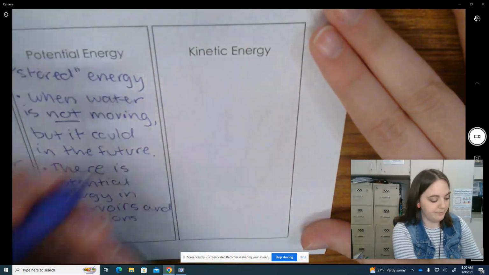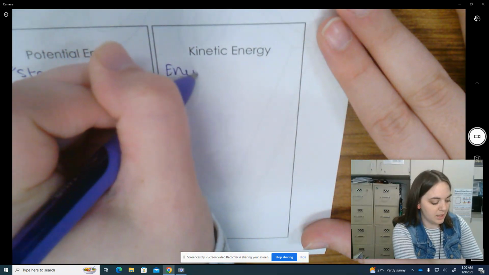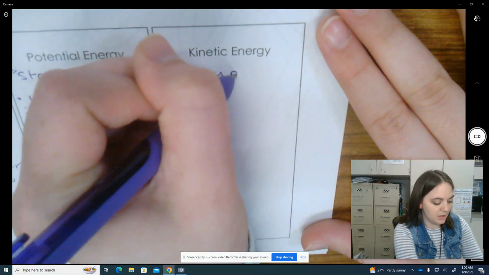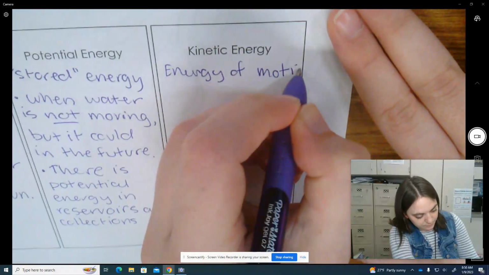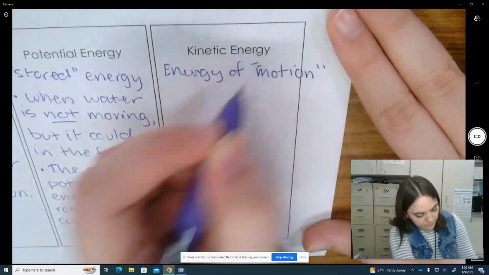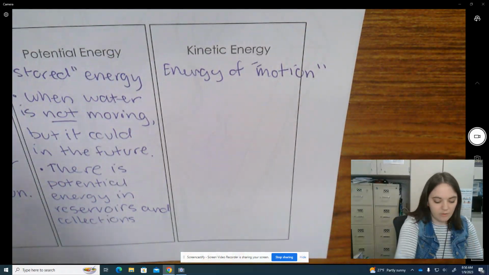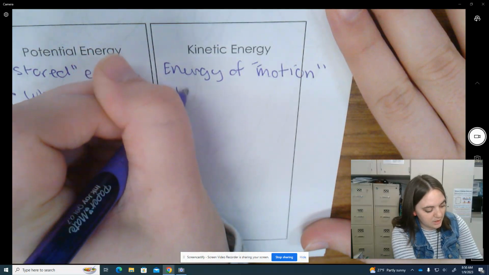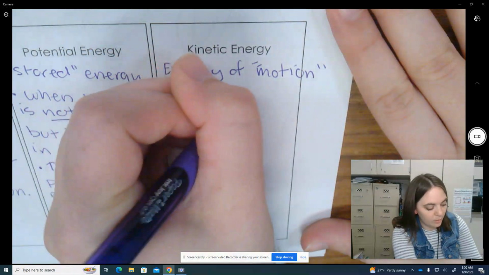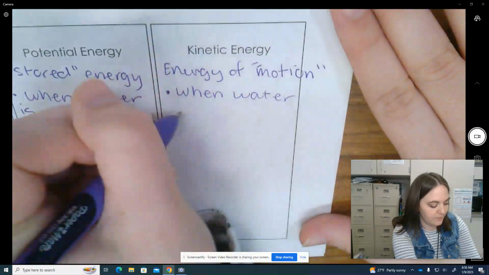Kinetic energy is the energy of motion. Okay, the energy of motion. This is when water is moving.